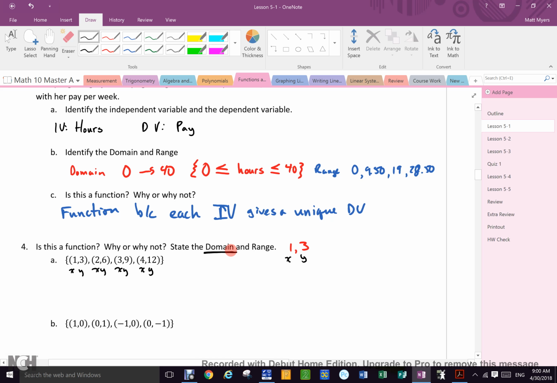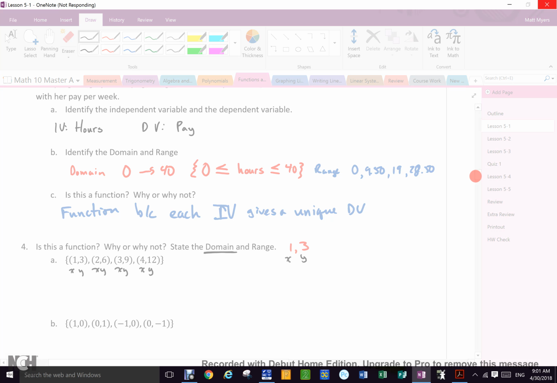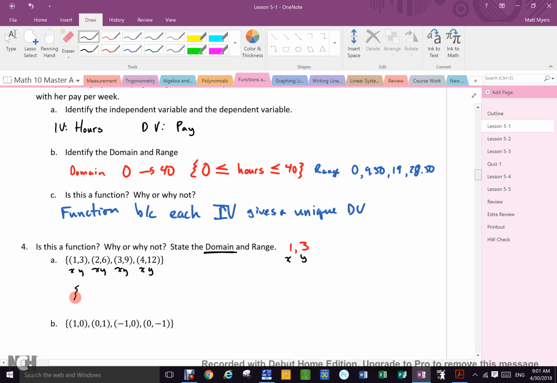It's right on this. X's are the domain. So, let's write out our set of the domain. Remember, when we're writing out a set, we got to use the squiggly brackets. So what is our lowest domain value? 0. No. 1. What's next? 2, what's next? 3, and that's our domain.